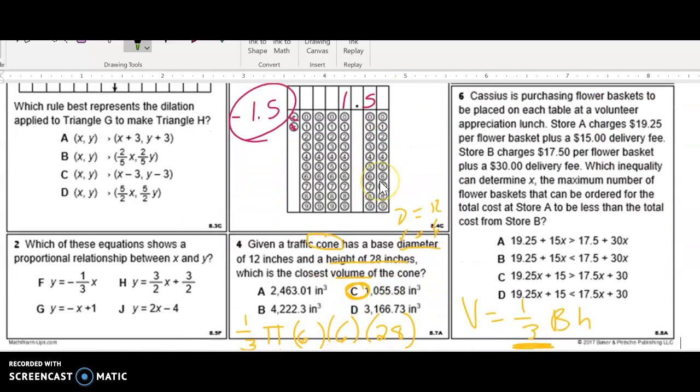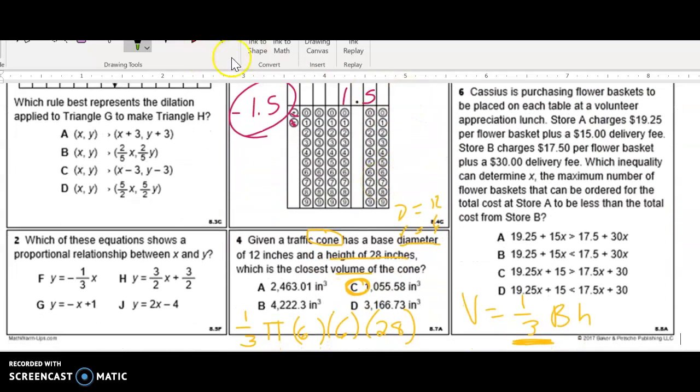And then we get here, and let me erase some of this stuff so it's not as confusing. We'll just have this box right here, and here we go. Cassius is purchasing flower baskets to be placed on each table at a volunteer appreciation event. Store A charges $19.25 per basket plus a delivery fee.